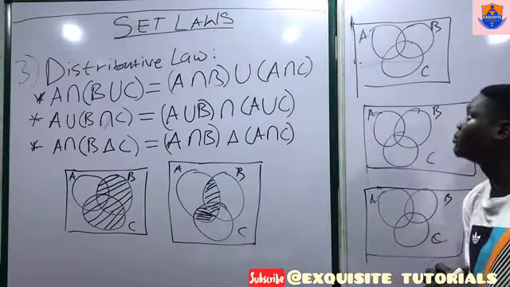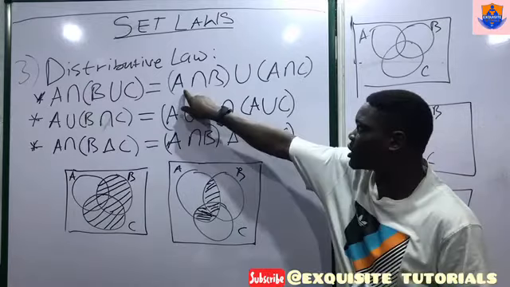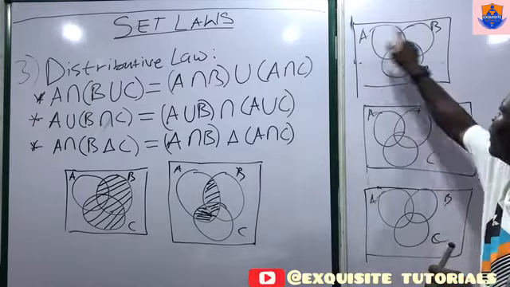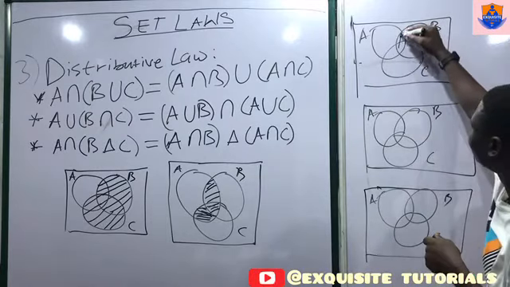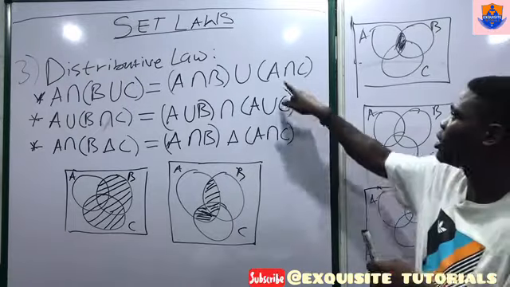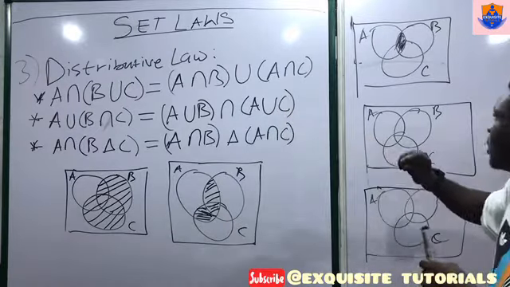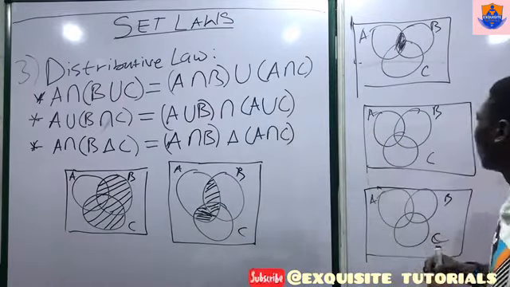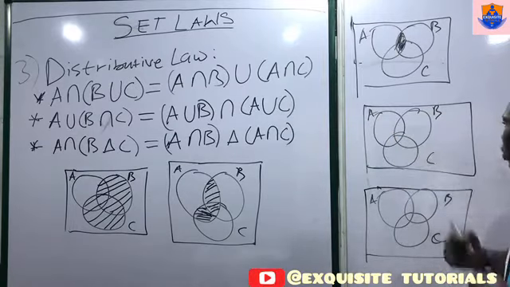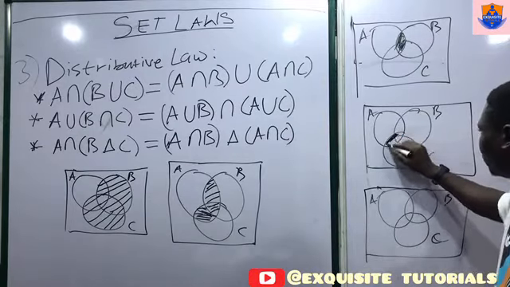Now we are looking for A intersect B first. What will be our A intersect B? The elements that A and B have in common, it will be this shaded region. Then we are looking for A intersect C. What will be A intersect C? The elements that A and C have in common. So it will be this shaded region.